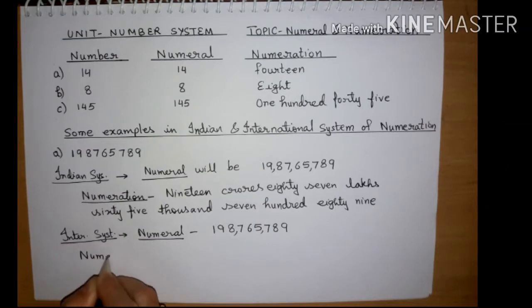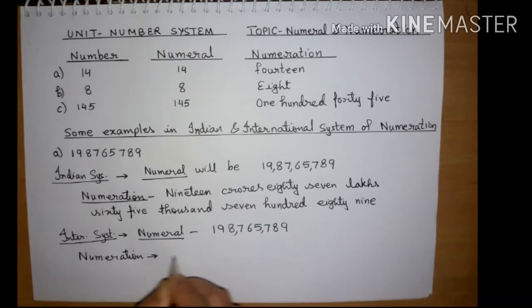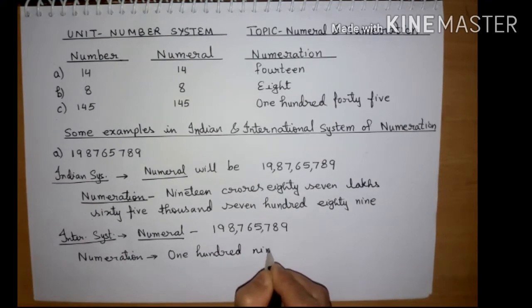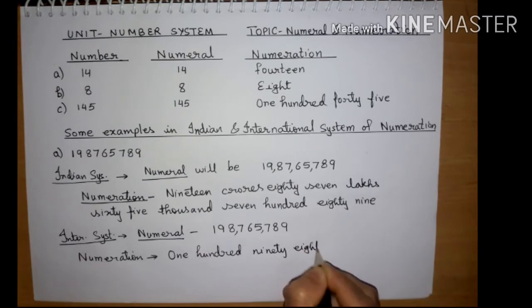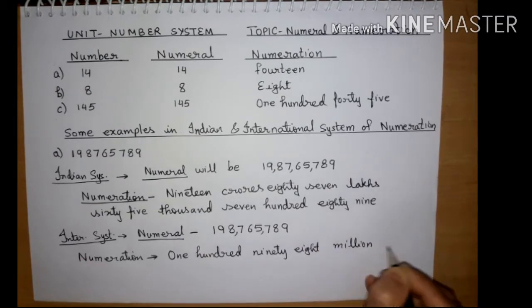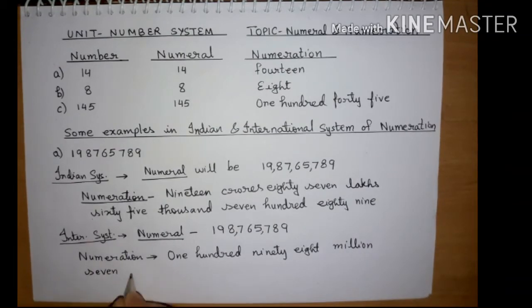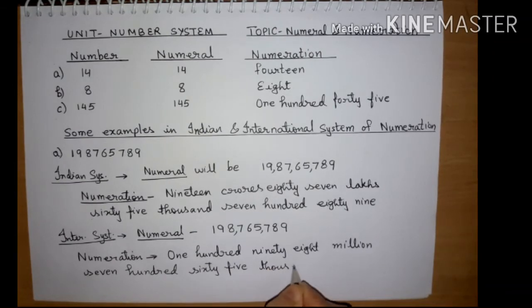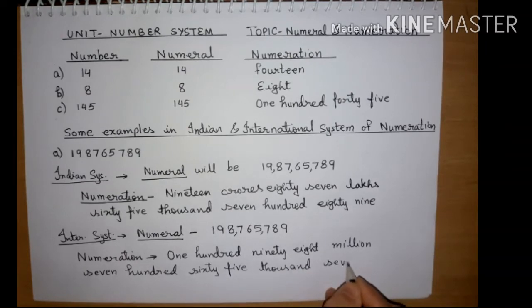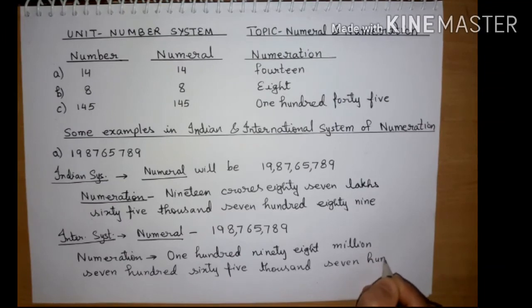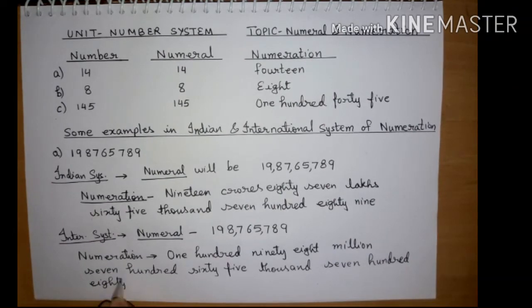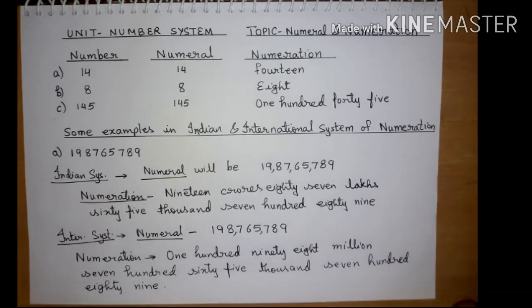And the numeration will be 198 million 765,000 789. Okay, so I hope this much is clear to you.